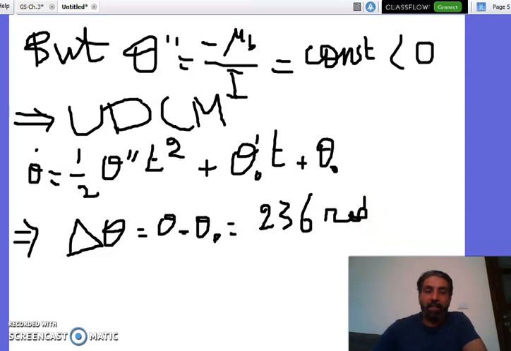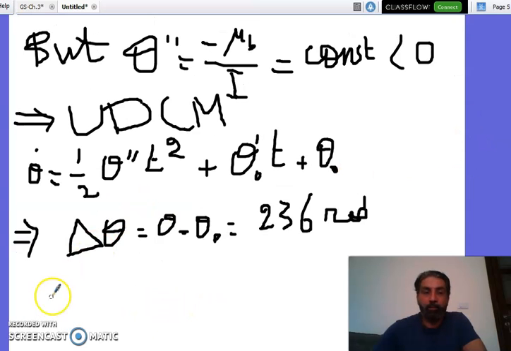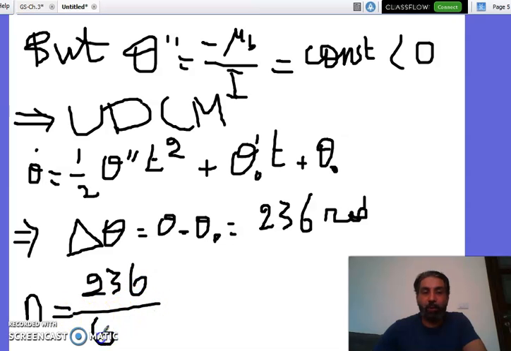Now replace in this rule here, as we verified it, n equal theta or delta theta over 2 pi. Then you get n equal 236 over 2 pi, 2 pi means 6.28. Approximately you get 37.5.